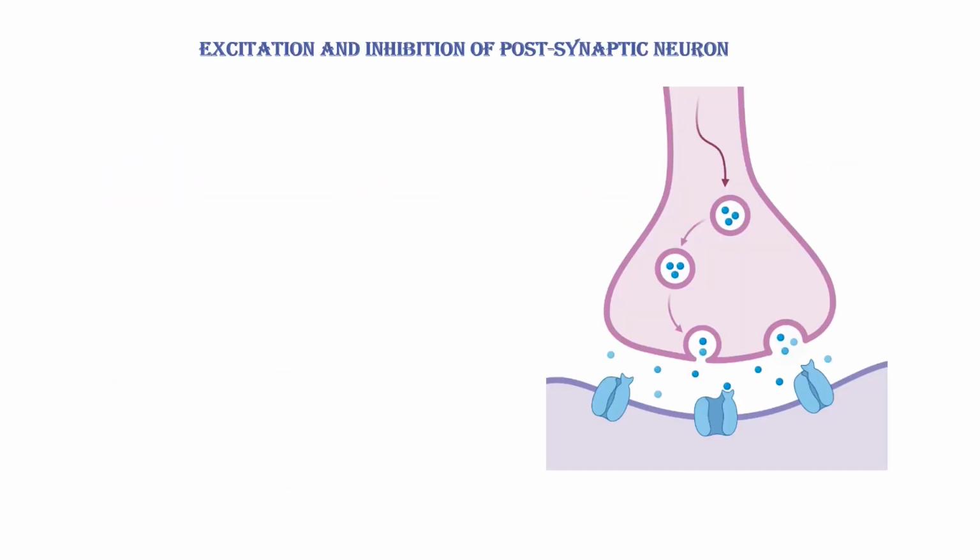Now, the next question which comes to mind is whether the effect of a presynaptic neuron on a postsynaptic neuron will always be excitatory, or can it also be inhibitory.